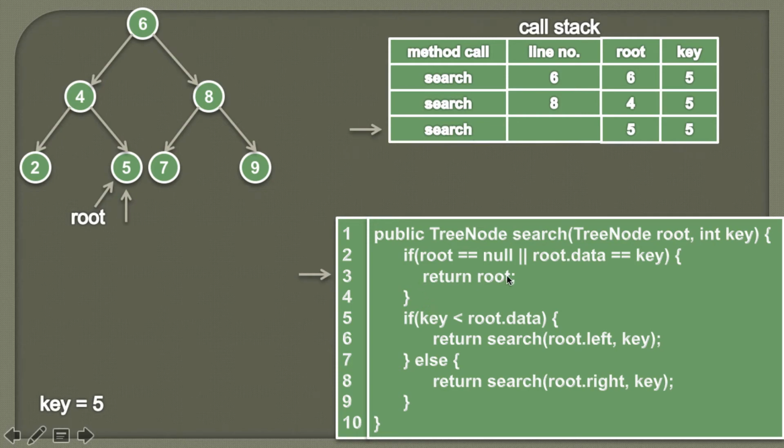So friends, after this line gets executed, this search method will be removed from the call stack and the execution point will go to its previous search method. And we also know that we had left the previous search method at line number 8. So we'll start our execution from that point.